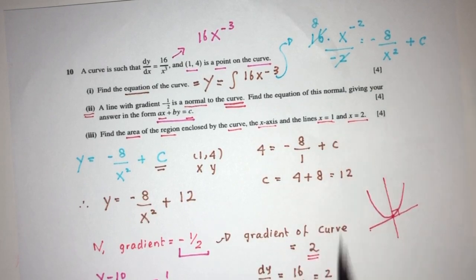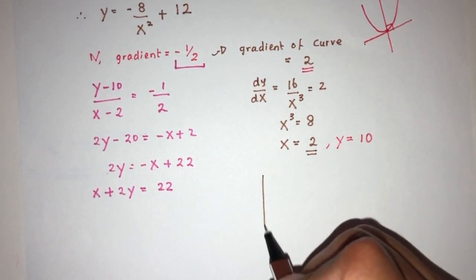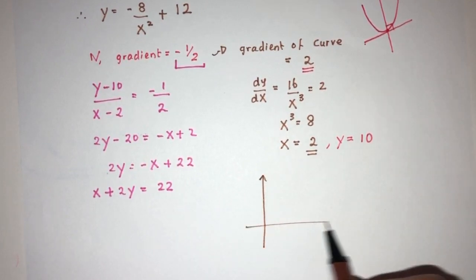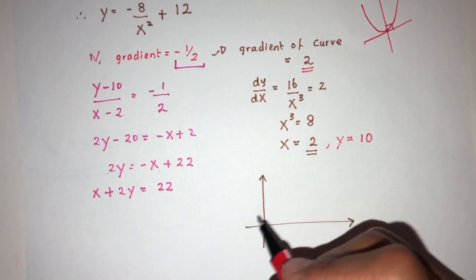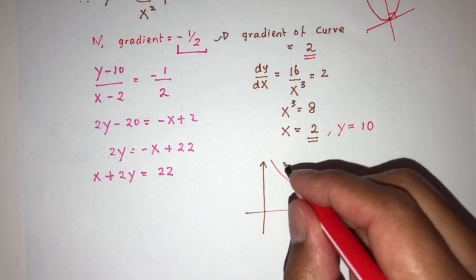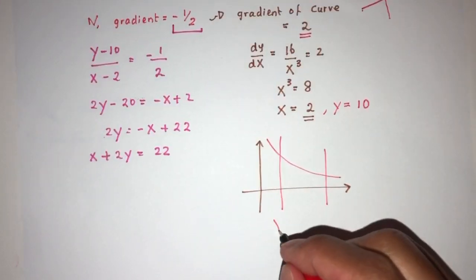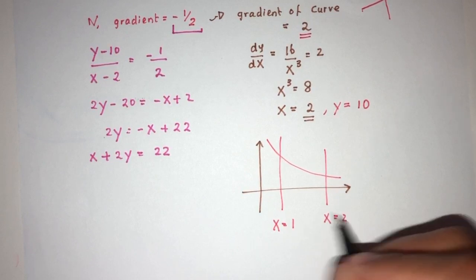Okay, so very simple, just a diagram to kind of illustrate this. For example, we have the curve here, something like this. For example, we have these two, x equal to 1 and x equal to 2.